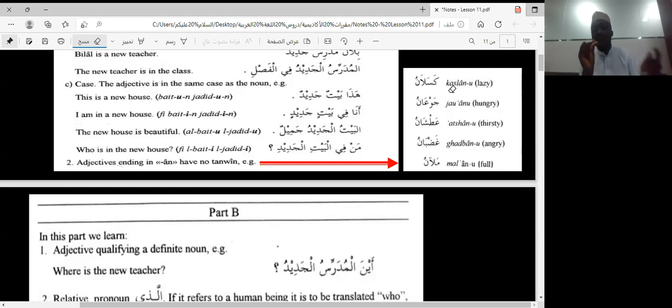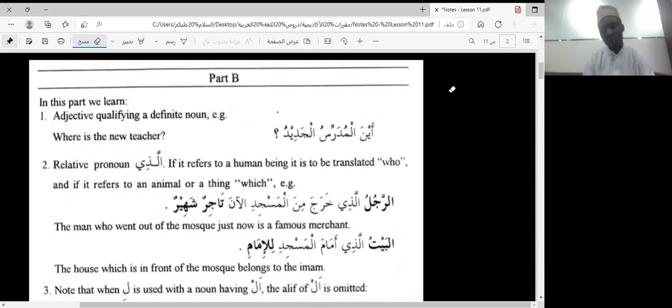But the case here will remain in dhamma, in kaslanu, in fa'lanu. Just one dhamma. You don't say rajulun kaslana. No, in dhamma. You will put dhamma, but don't put tanween. That is the ruling in Arabic language. So ra'aytu rajulan kaslana. I saw a what? A lazy man. So we don't put tanween.